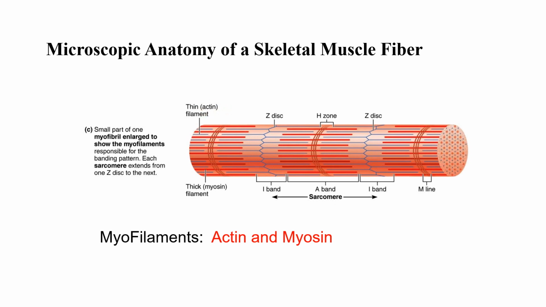The way that a skeletal muscle fiber contracts is that the thick and thin filaments progressively overlap more and more. And so that sliding filament theory is the story behind skeletal muscle and cardiac muscle contraction. It's called the sliding filament theory.